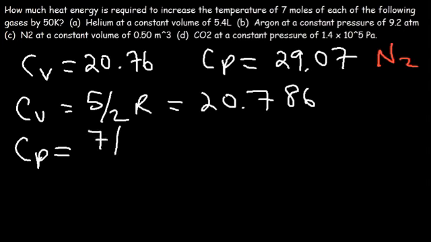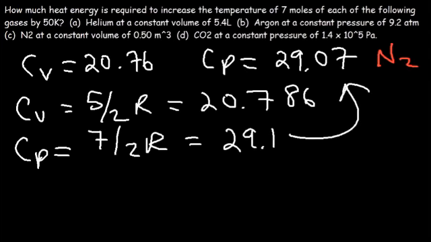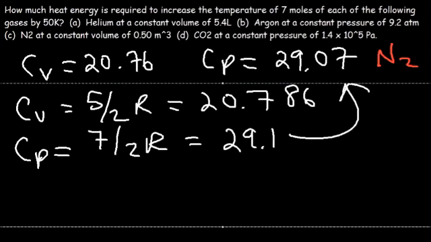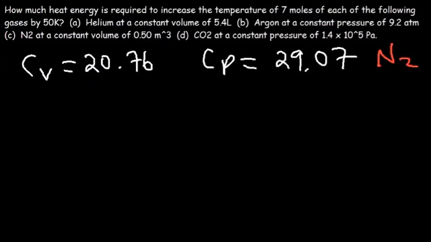For Cp, it's 7/2 times R. So 8.3145 times 7 divided by 2 is about 29.1, which is still a good approximation for Cp. Once you start having molecules with 3 atoms, then it begins to deviate.